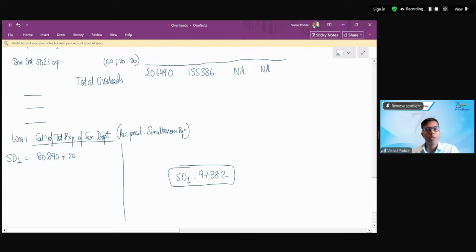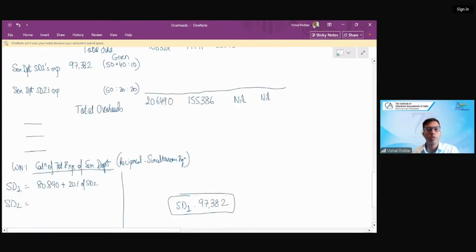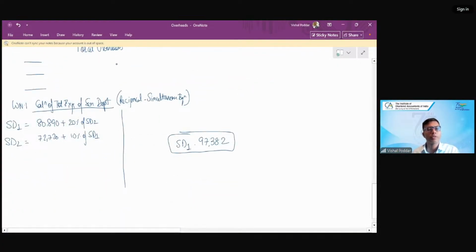It is receiving 20% of SD2. What is the equation for SD2? It is 72,720 plus how much it is receiving from SD1? 10%.